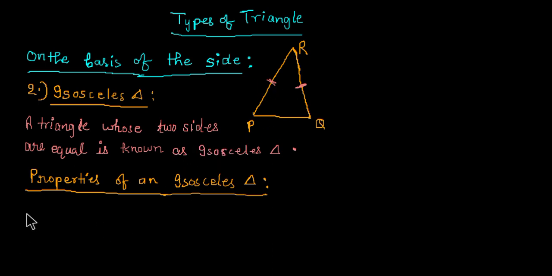So the first property is that the side PR is equal to side QR. So we can say that two sides are equal.